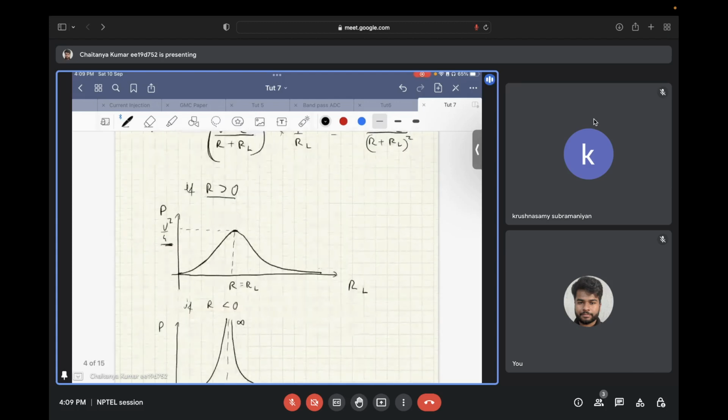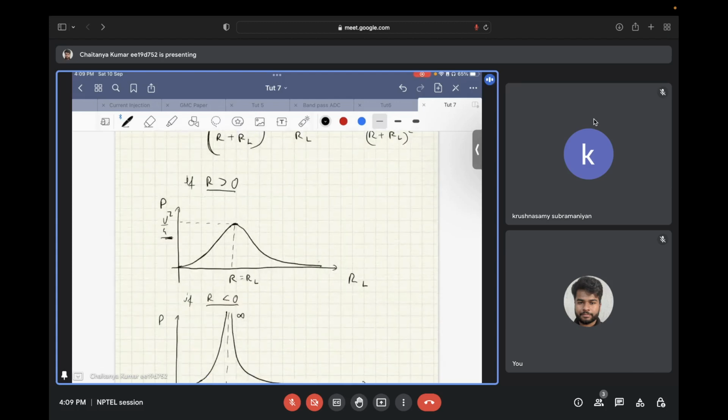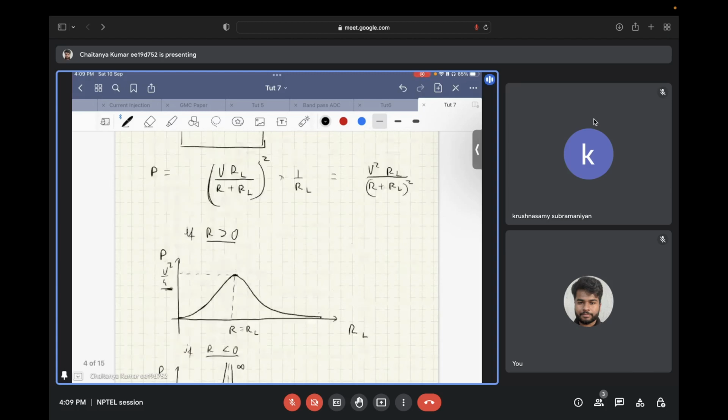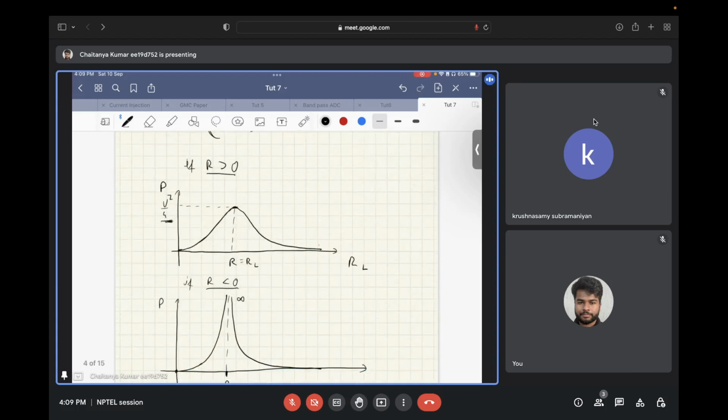But in the case where R is less than 0, that is, R is negative, we again have to start our curve from RL equal to 0 itself, because we cannot realize negative resistances.